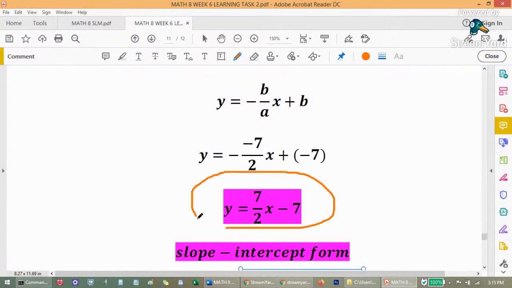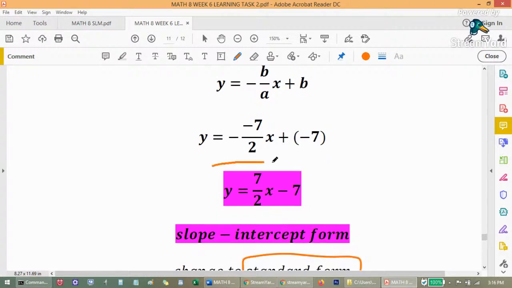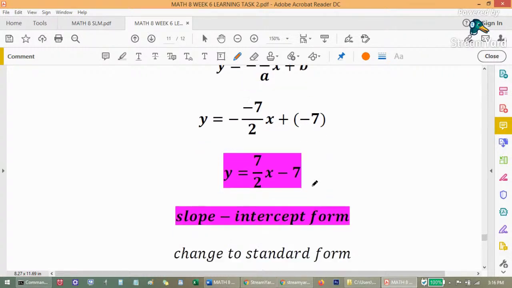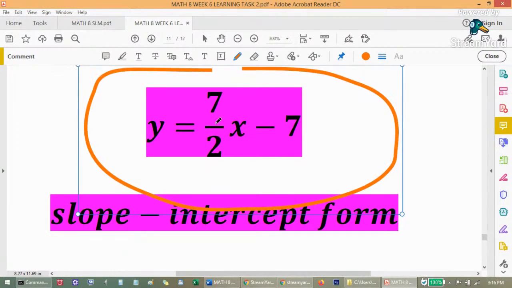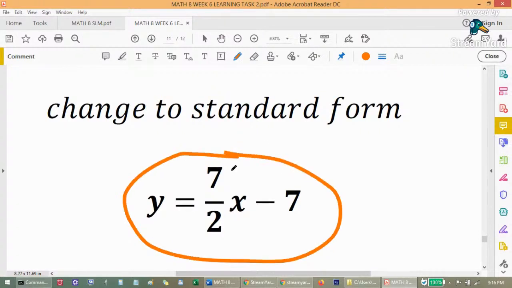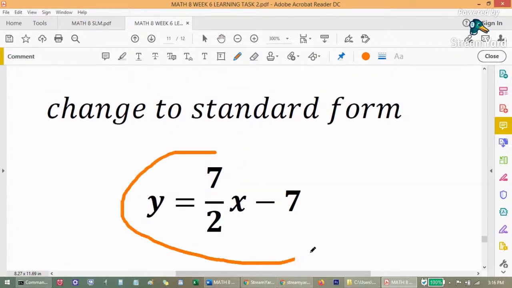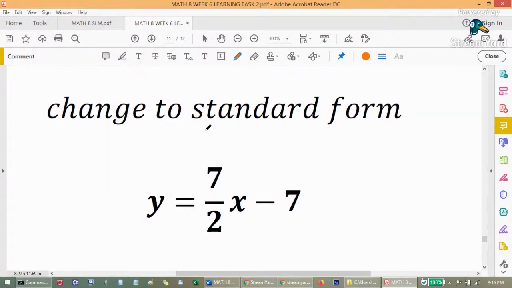We have no equation that is single without a fraction. All of them are fractions. So this is what we will take. Let's convert this. y is equal to 7 over 2 x minus 7. Then, let's convert this into standard form, Ax plus By is equal to C.